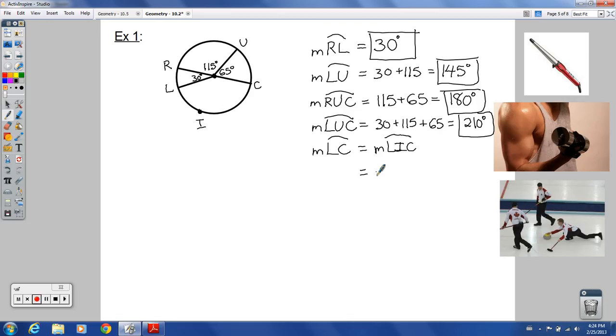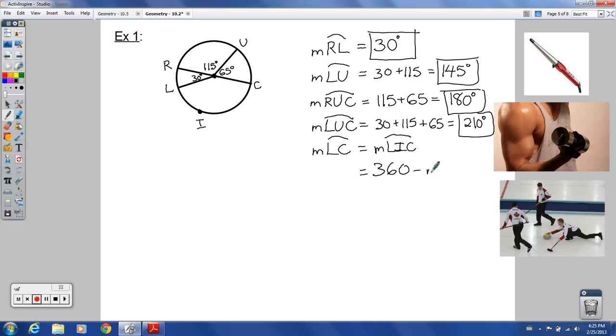Now this would be the same as the measure of, you could take 360, so let me erase that actually. Sometimes it's easier to think of it this way. So this one you would take 360, which is what you get when you add up everything in a circle. It would be 360 minus the one we already figured out, LUC. What would be left over if you went from L to U to C? The rest of the circle would be this part, the LC part or the LIC part.